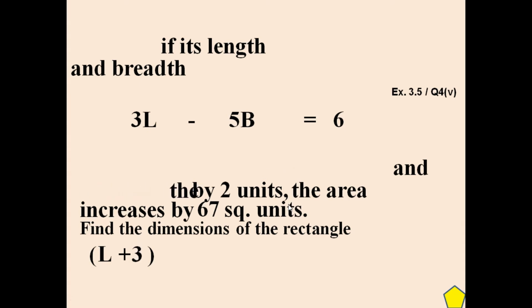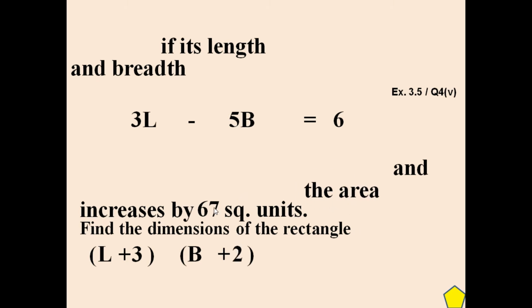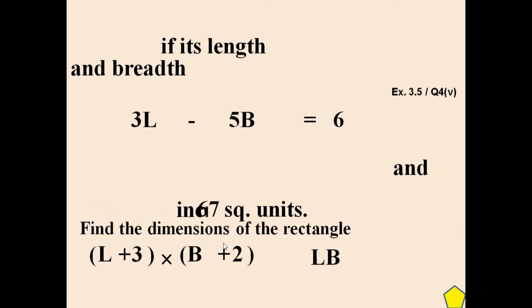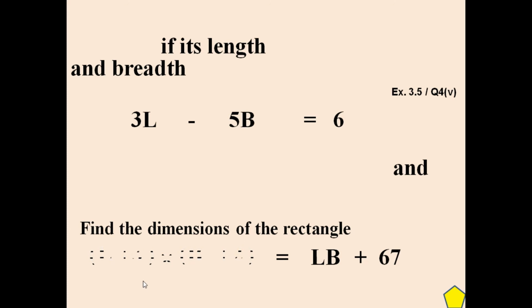So the breadth plus 2, then the area increases by 67, and the initial area is LB. The interpretation of increases by is that it is equal to and plus here 67 units. Again, we open up the product of this binomial, it becomes this much.